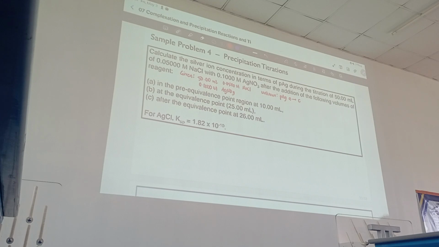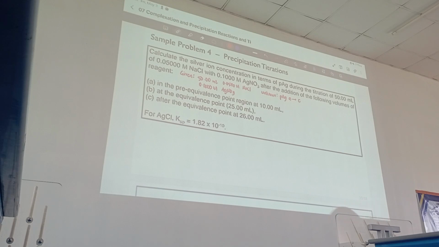Follow? Okay. What is the first step? Analyte and titrant. You need to identify first your analyte and titrant. That's your first step.